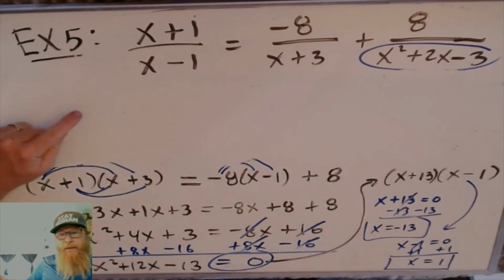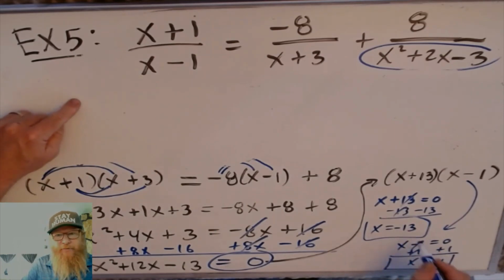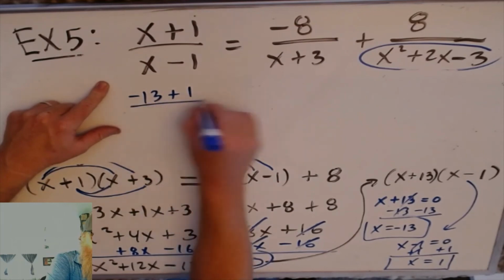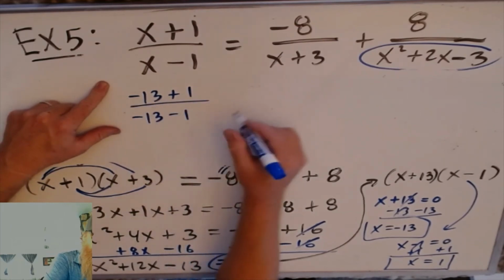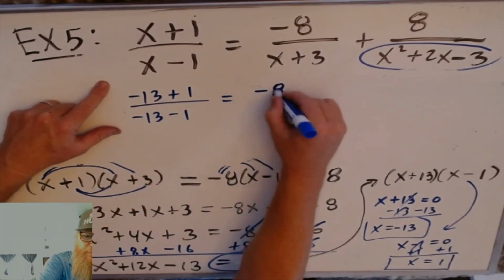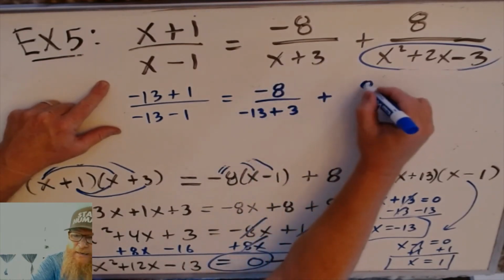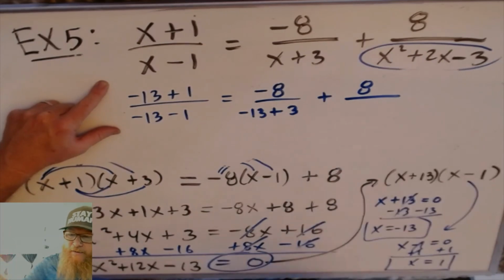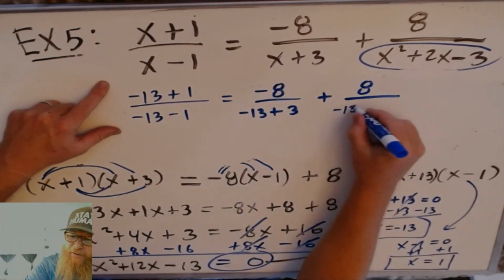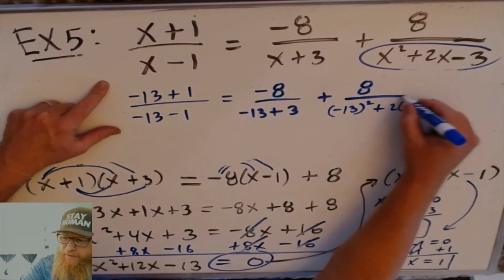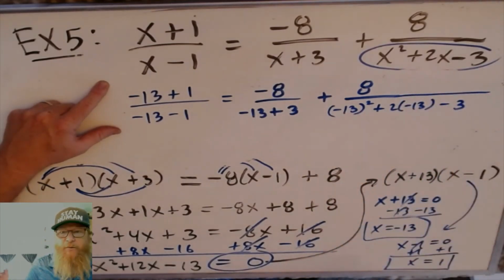Although if you do have that gift, there's nothing wrong with that. All right. Let's go ahead and check negative 13. So I got negative 13 plus 1, negative 13 minus 1, negative 13 plus 3. Oh, God, this is going to be a pain in the butt. Negative 13 squared plus 2 times negative 13 minus 3.